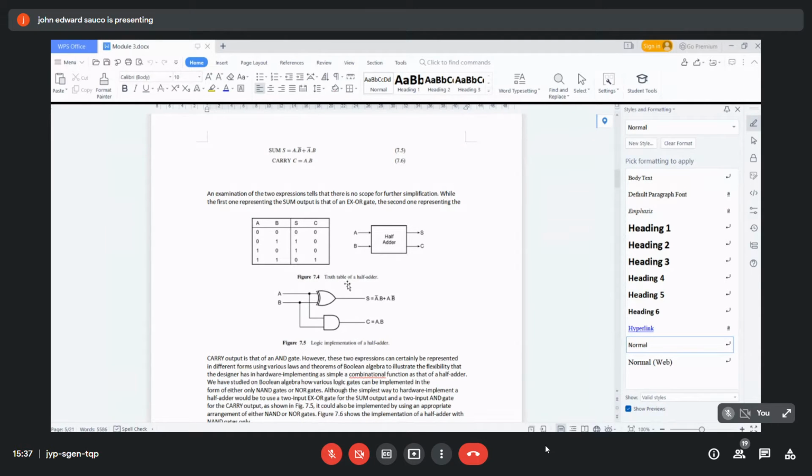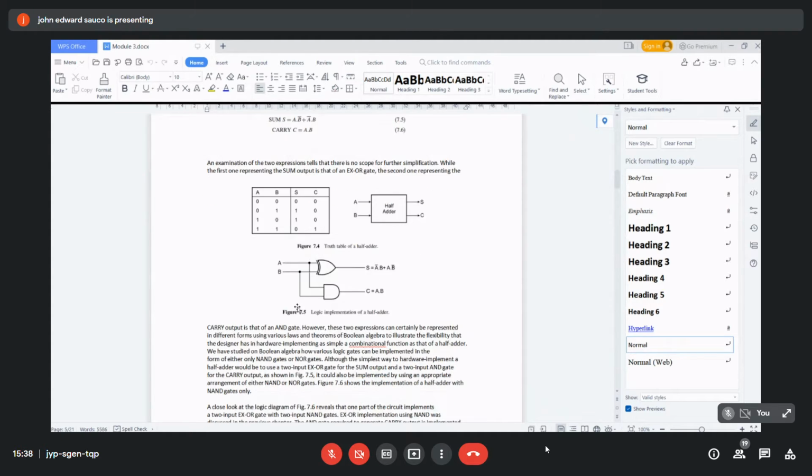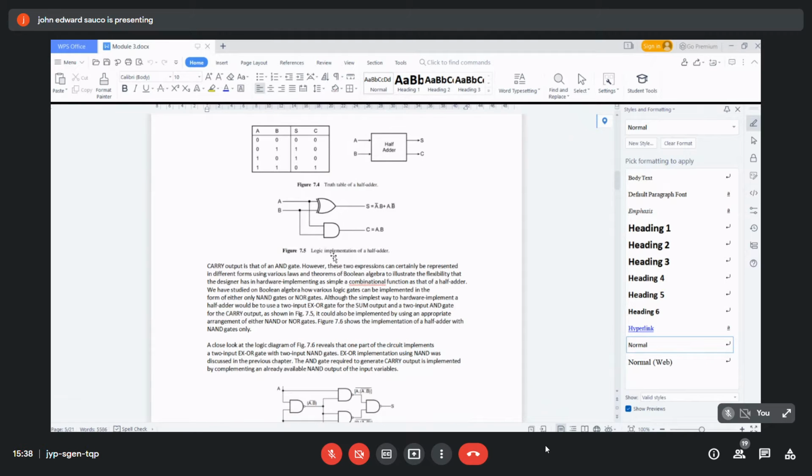So, A and B. So, napansin ko, sa mga nakaraan natin mga practice is nagkakalituhan pa yung iba sa paggamit ng AND saka OR gate kapag i-convert yung Boolean expression sa logic circuit. So, yung multiplication is AND and yung plus sign is yung OR. Okay? So, dito is XOR.